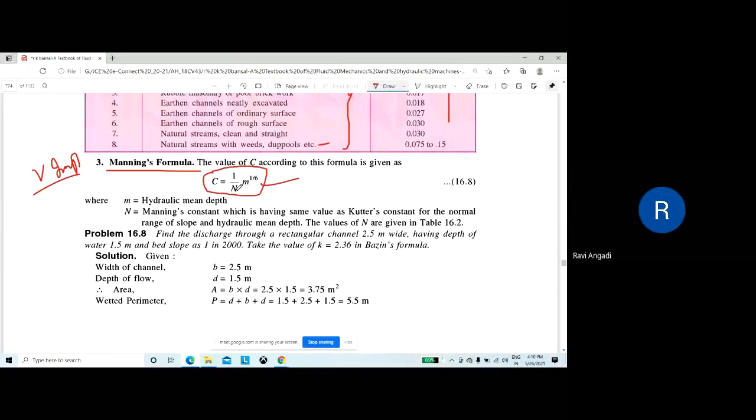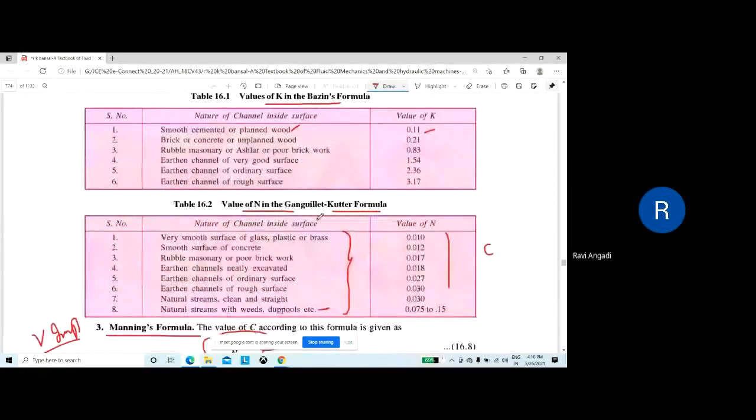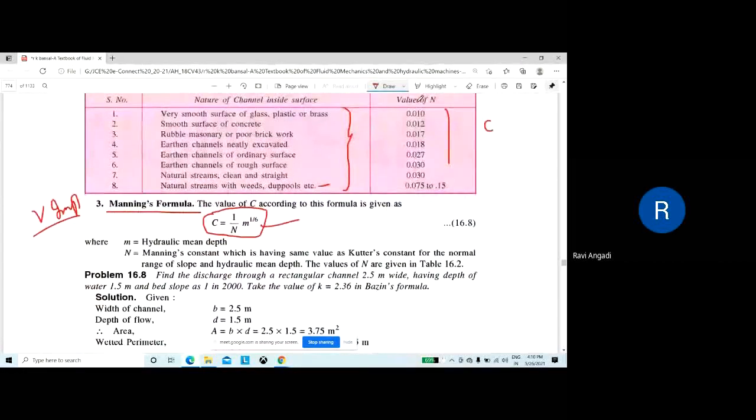And in this, N represents Manning's constant, which is the same as Kutter's constant, and M is the hydraulic mean depth. Whatever values of N Kutter has taken for different surfaces, the same values are to be taken for Manning's formula also.